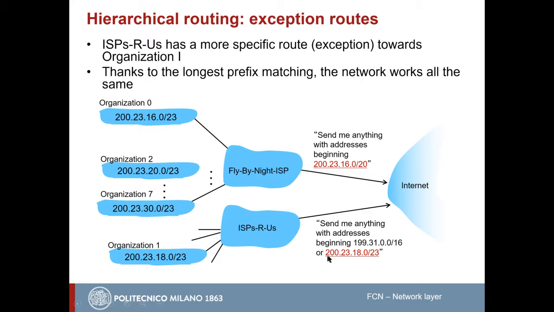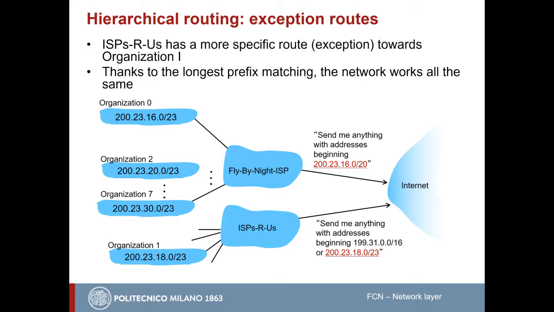But you can notice that this new entry is a subset of the block 200.23.16.0/20. In fact, here you have 200.23.18.0/23.